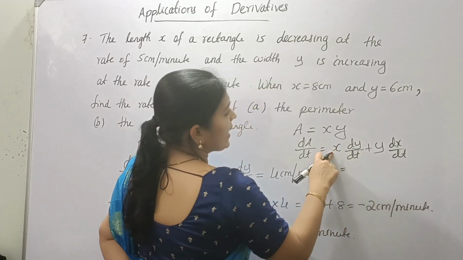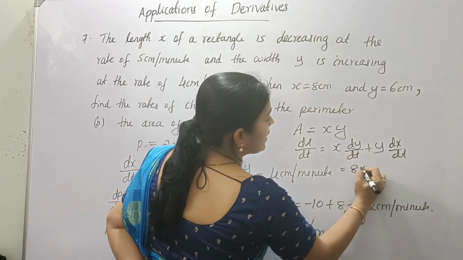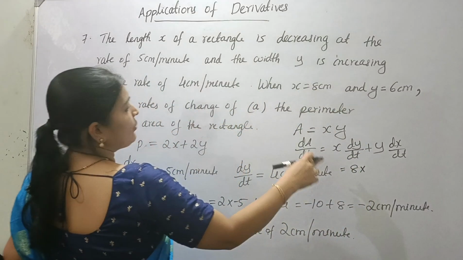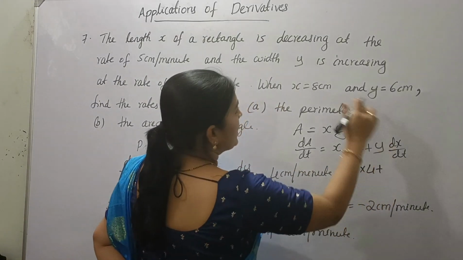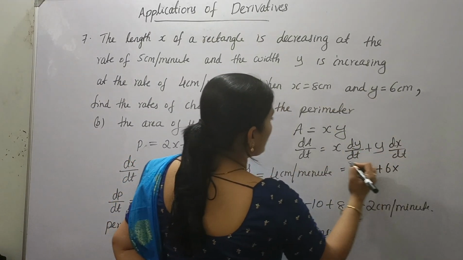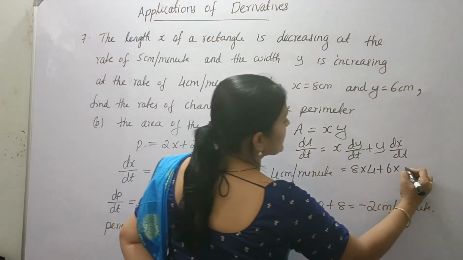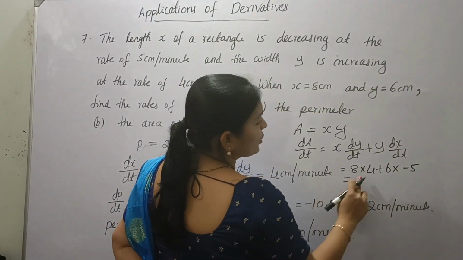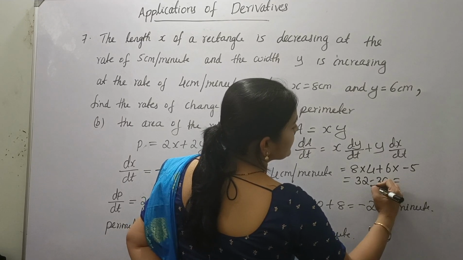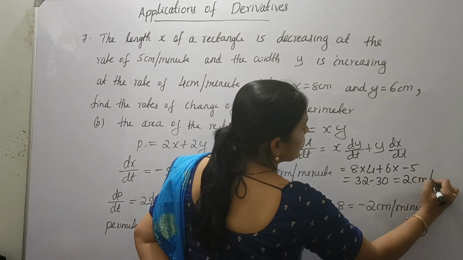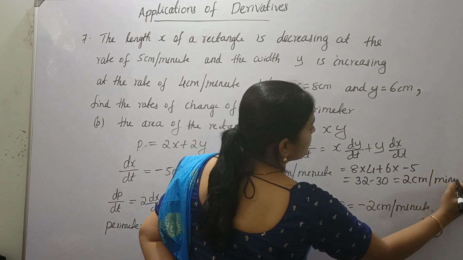Substitute x is equal to 8 into dy by dt is 4 plus y is 6 into dx by dt is minus 5. That is equal to 32 minus 30, that is 2 centimeter per minute.